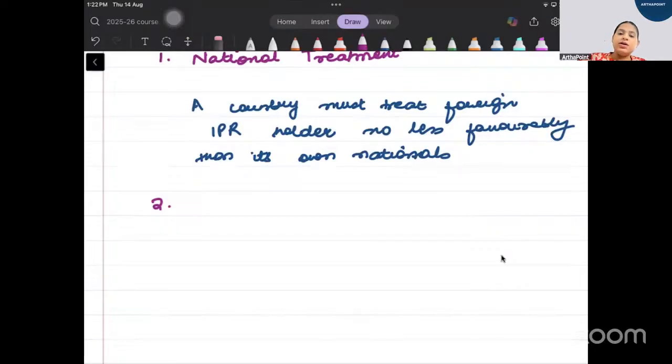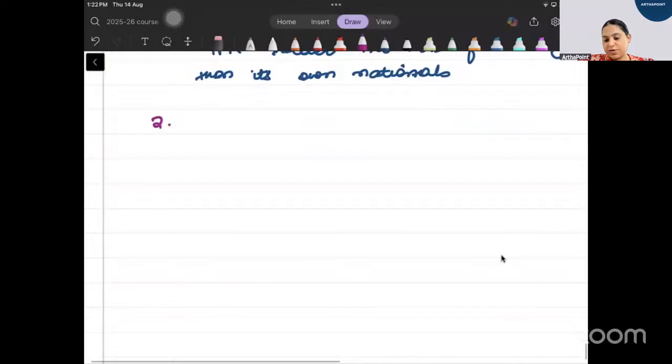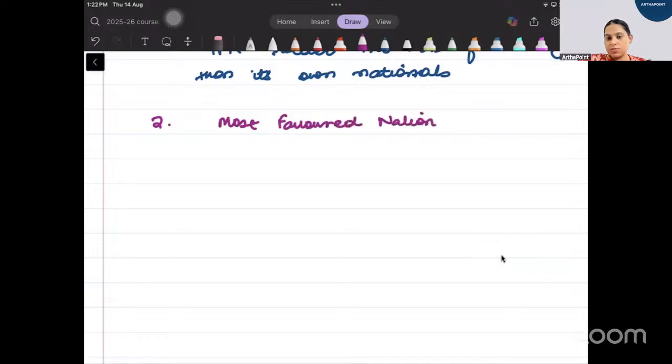The second one is most favored nation treatment. Most favored nation treatment says that if you are giving any enhanced protection to a particular inventor, it must be extended to all WTO members.